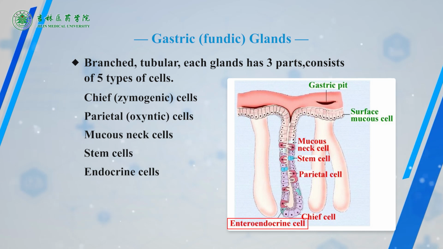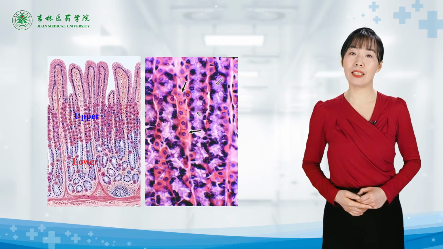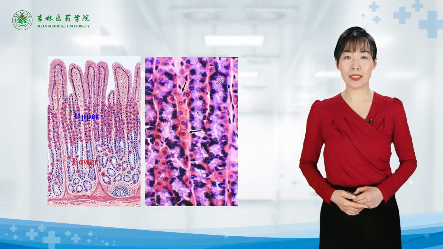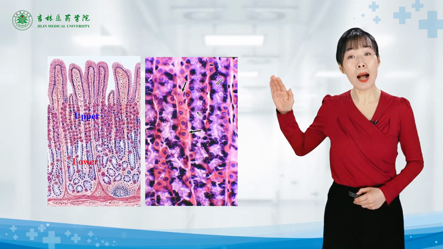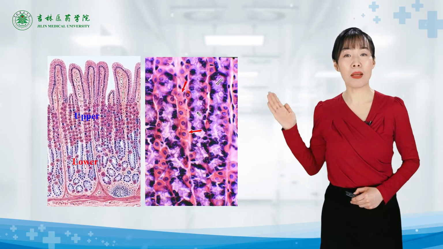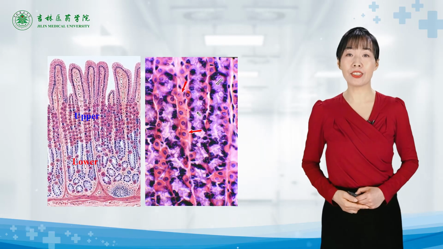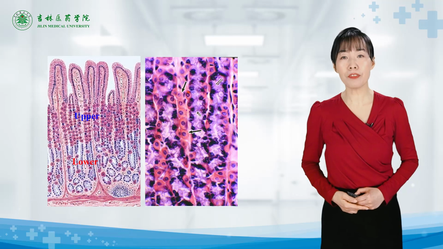The first two are the emphases. Chief cells predominate in the lower region of the tubular gland. Parietal cells are present mainly in the upper half of the gastric gland. In the right picture, the single arrow shows parietal cells, and the double arrow shows chief cells.